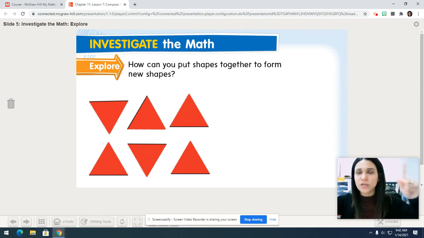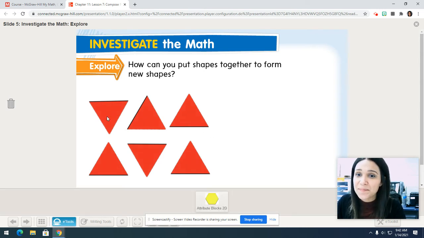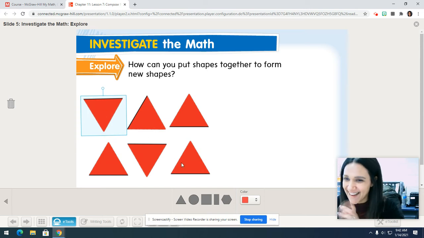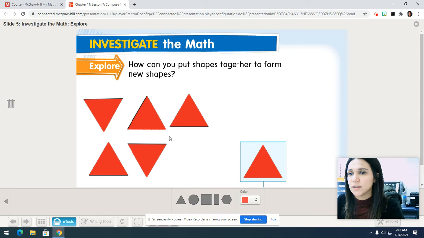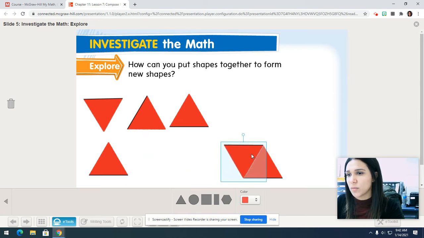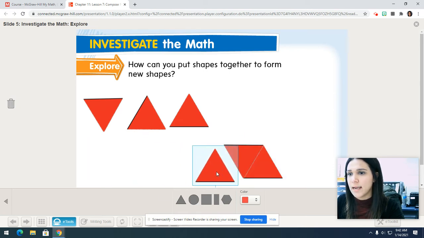Okay, so put your eyes on the screen. I just want you to watch me move some of these triangles. Because when I'm looking at it right now, I'm like, how do you even move this? Which it's not letting me move it right now. So, there we go. Got it. All right, let's see. I'm going to put this one here and then attach this one here and put that there.